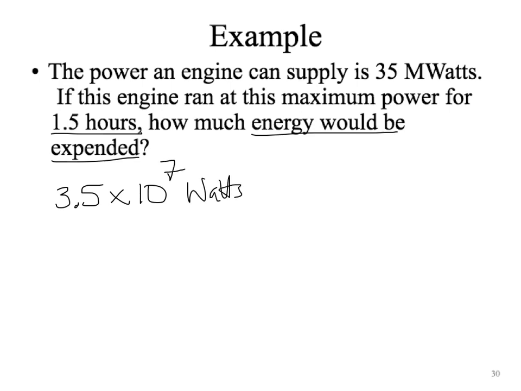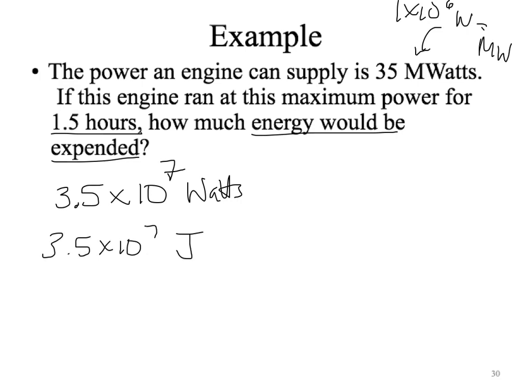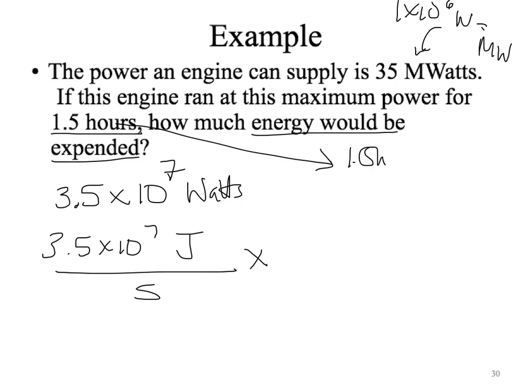That's a megawatt, by the way. This is a mega, and there are 1,000,000 watts in a megawatt. Mega means million. So this is how many watts that I have. Now, please remember that a watt is simply a joule per second. So if I multiply that by however many seconds that would be, and how many seconds would that be?